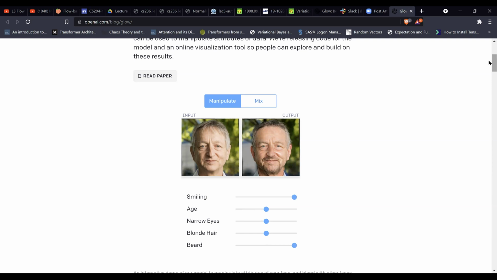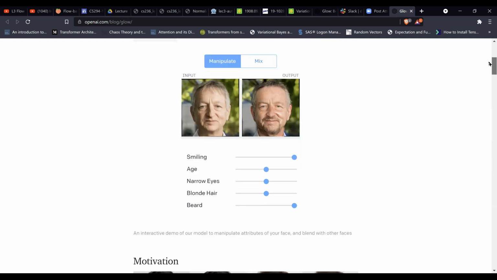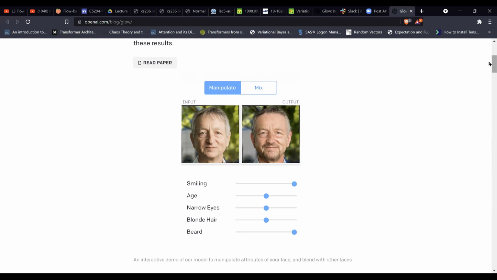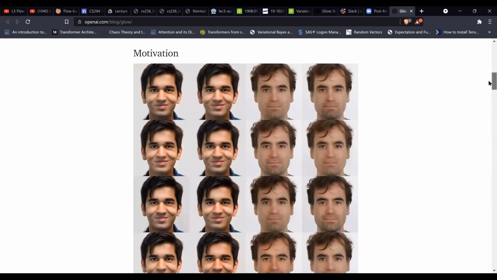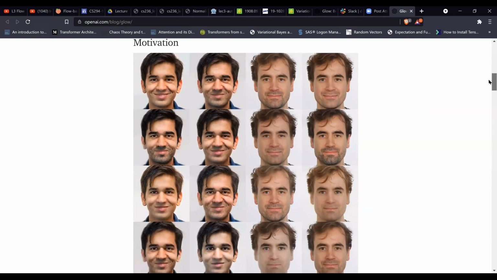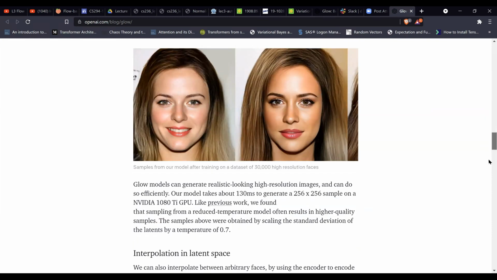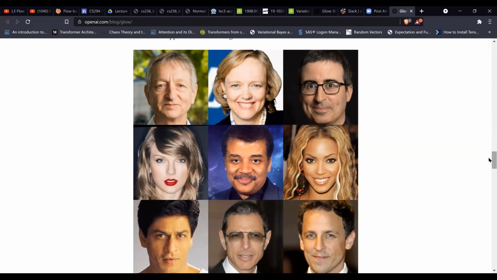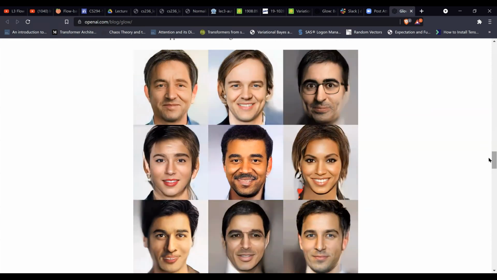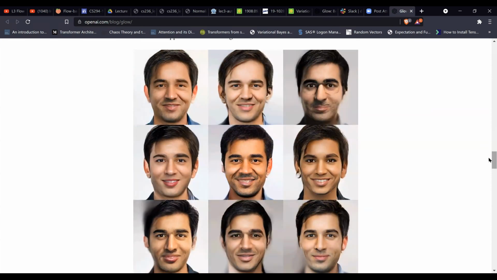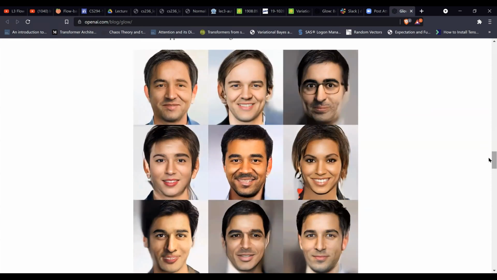So yeah, back to what you're saying, like the cool stuff you can do once you actually have direct access to that latent space, then you can actually start to poke it and prod it and learn some interesting things. So there's that example. Where was the one where they change the author of the paper into various celebrities? It's interesting to see how even those images in between look realistic.